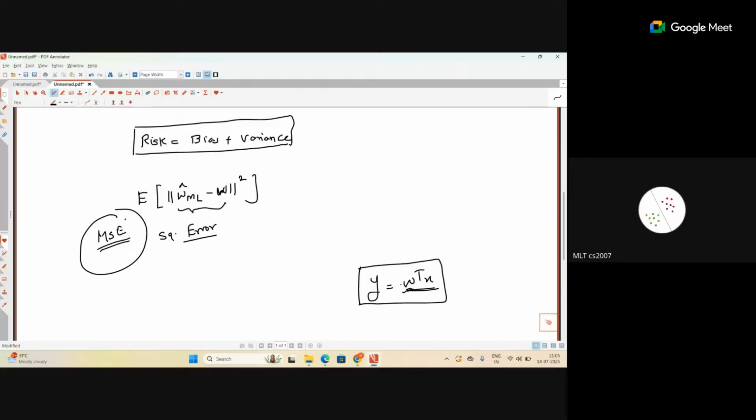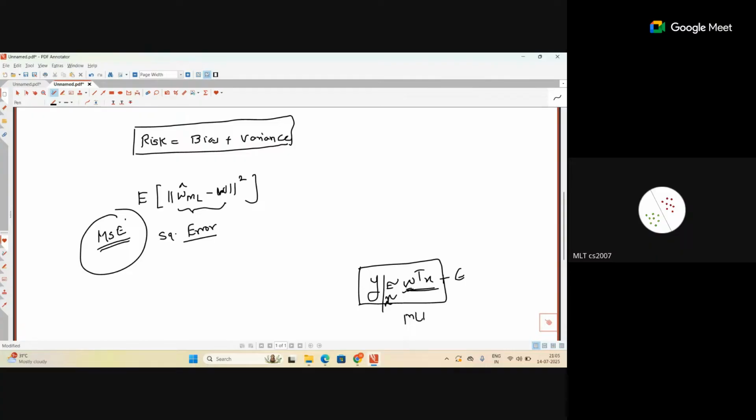So what you do is add some epsilon, the noise, and from the given data points you try to generate this, and from there you use the maximum likelihood method, maximizing the log likelihood.